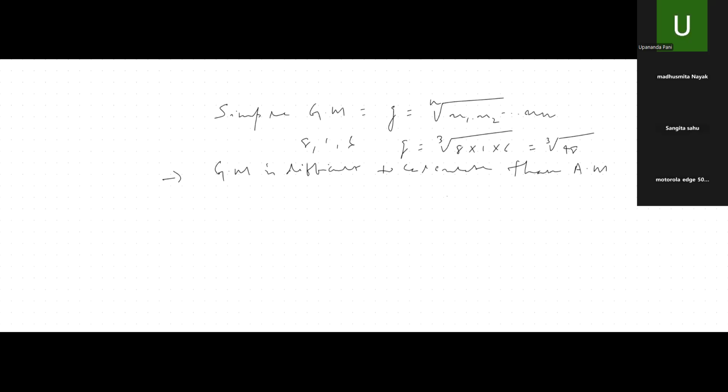But what you have to remember is that GM, geometric mean, is less affected by the presence of extreme values.